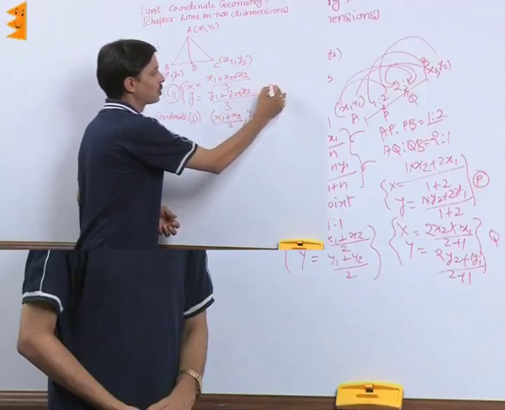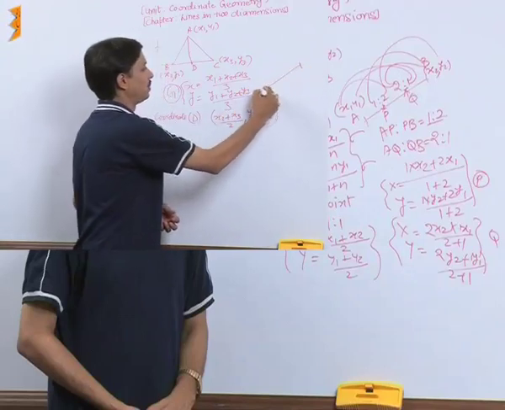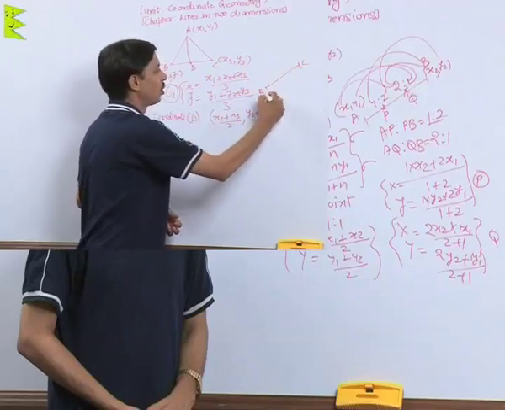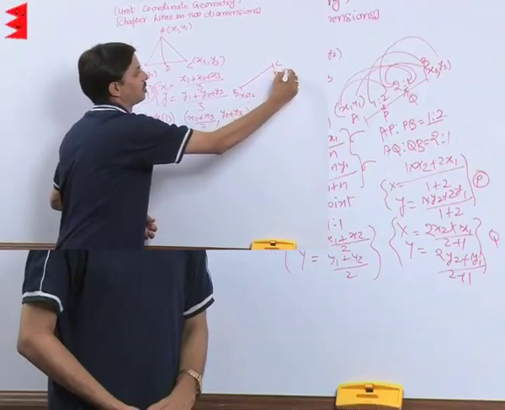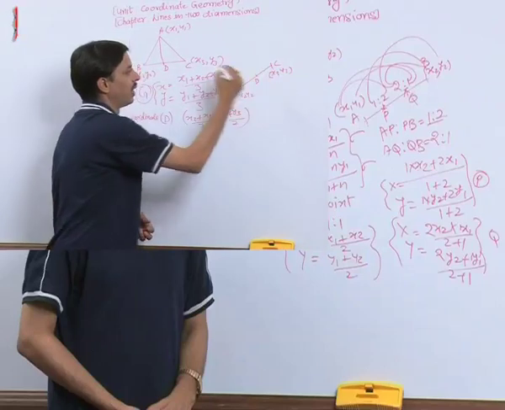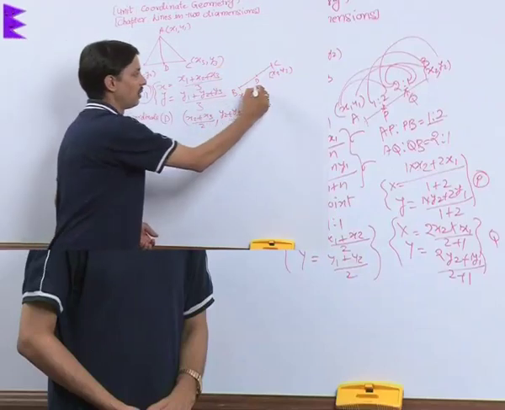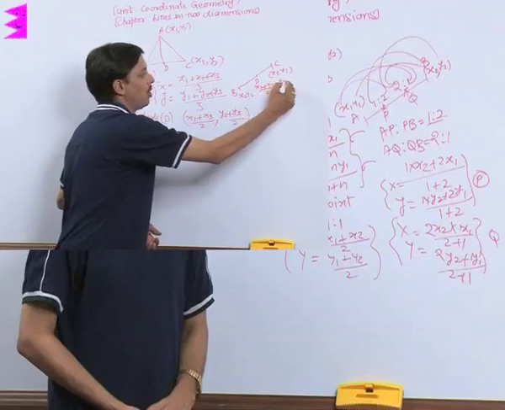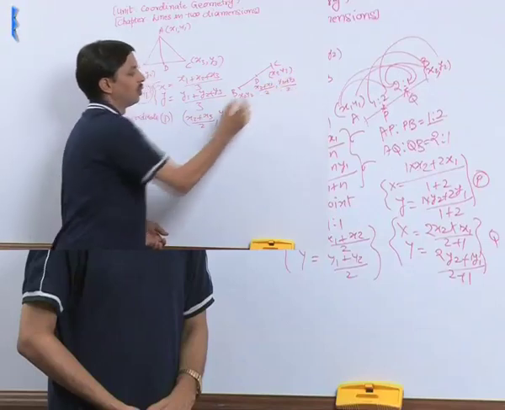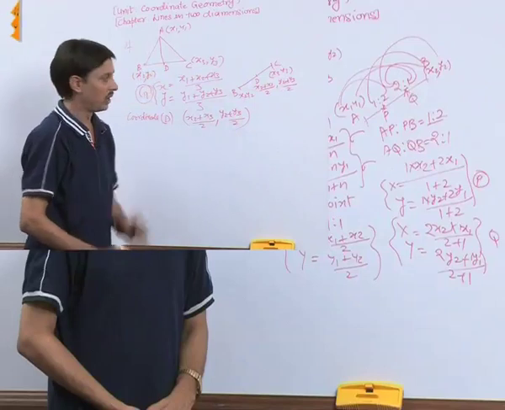So if we show here, this point is B, this point is C, the coordinates here are x2, y2 and here x3, y3, then the point D will be given by x2 plus x3 upon 2, y2 plus y3 upon 2, using the midpoint formula.